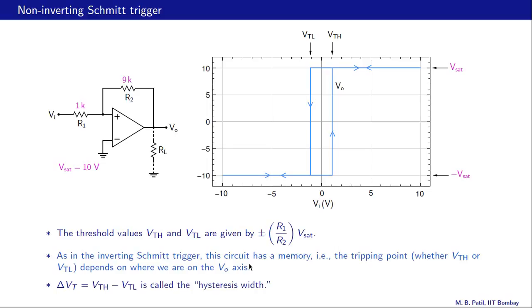Because the tripping point or the threshold point depends on where we are in this Vo versus Vi plane. If we are here, and if we are increasing Vi, then the tripping point is Vth. If we are here, and if we are decreasing Vi, then the tripping point is VTL, and that is indicated by these arrows here. Once again, delta Vt equal to Vth minus Vtl is called the hysteresis width.